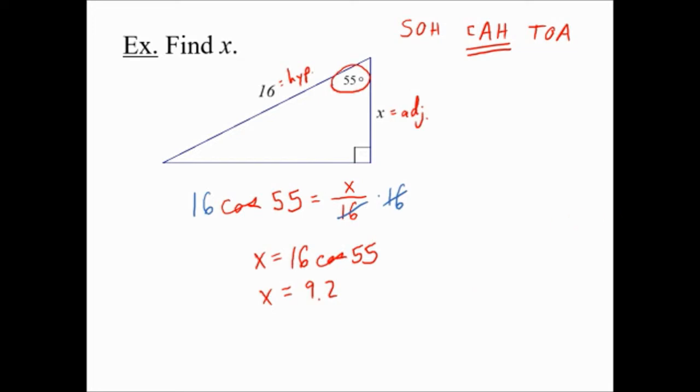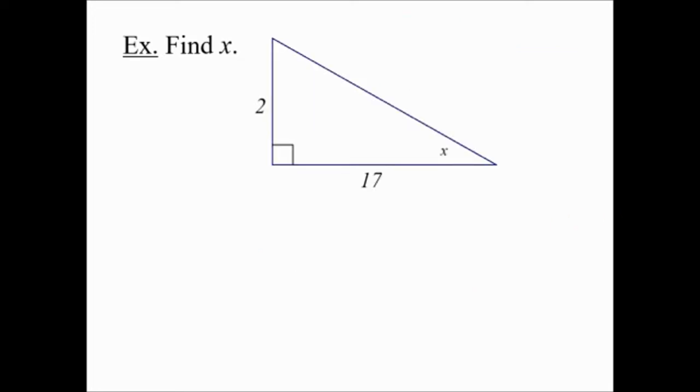Okay, let's try another one here. Let's try this one. Once again, we have to make a choice here. We have to decide which of these three trig functions do I use, sine, cosine, or tangent.